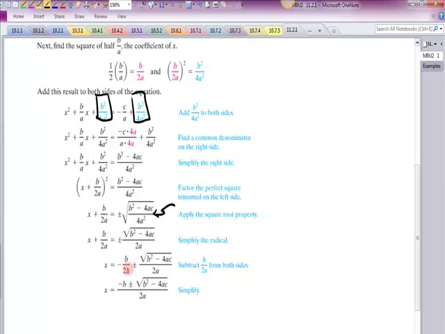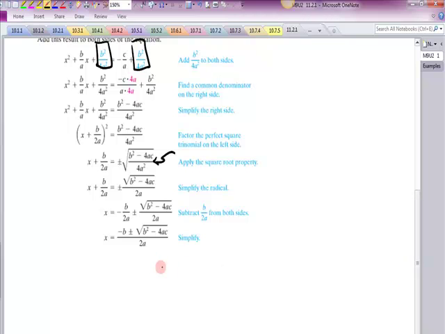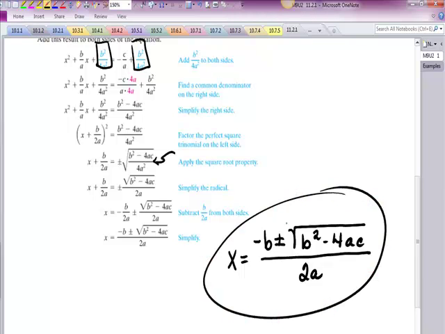You subtract this term, put them over the same denominator, and then it is important that you have written down the quadratic formula, which is x is equal to negative b plus or minus the square root of b squared minus 4 times a times c, all of that over 2a. Make sure that's in your notes.